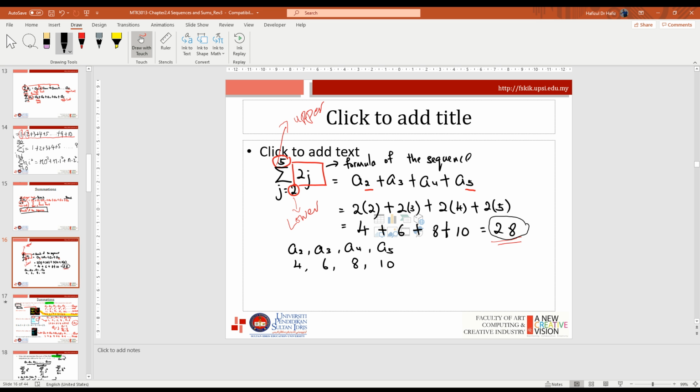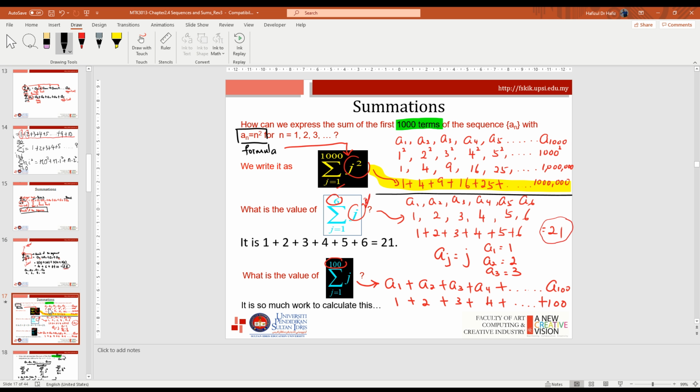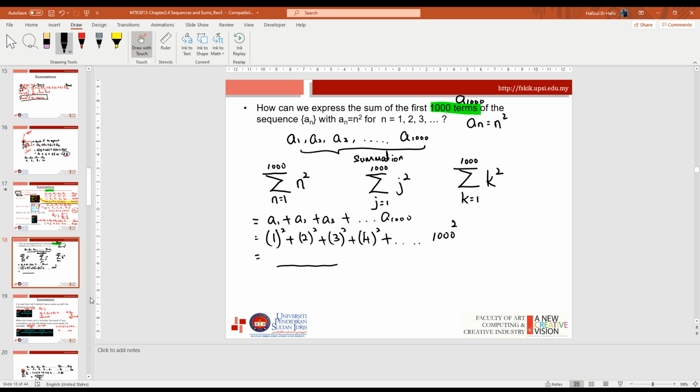Okay, so far do we have any questions? Okay, and then for the summation, if we want to express the summation for the first 1,000 terms in a sequence, for example with j squared as the formula of the sequence, we can see it's very hard to sum up all of them. To solve this problem, we need to sum from 1 until 1,000.